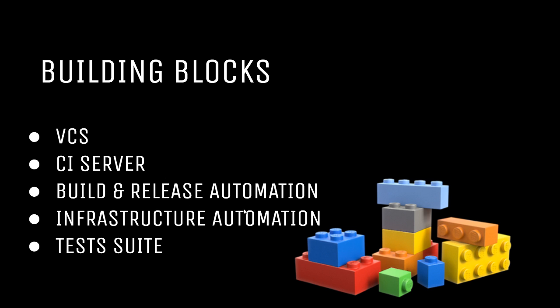And build release automation is something that we need so badly because all your stuff needs to be buildable and easy to release in one click, one function, one CLI command, and so on. And infrastructure, we are going to talk about that a bit further to go into details deeper. But for now, infrastructure automation, you can think about it as a schema, which says to create an environment, I need to do this.